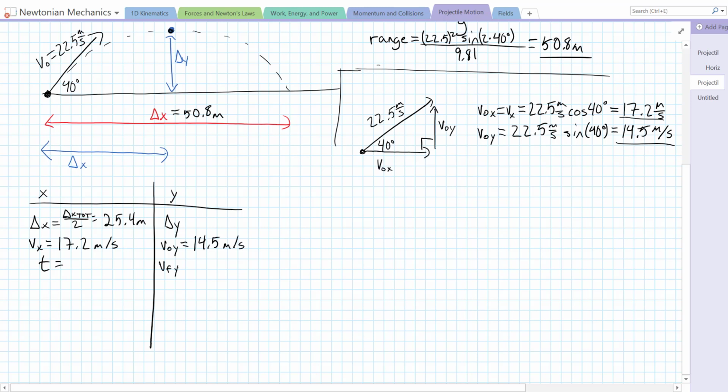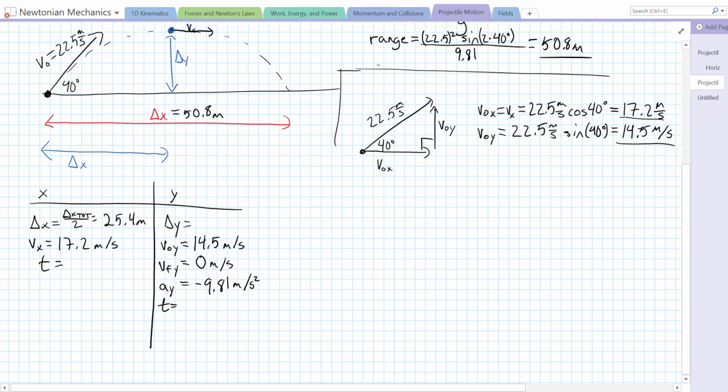The final y, well, it's at the very top of its trajectory, so all of our velocity is in the x direction. The final y, at the very top at least, is 0. Our acceleration in the y direction is negative 9.81 meters per second squared. Gravity's pulling down. And our time is an unknown.